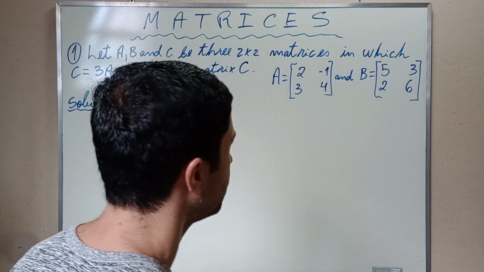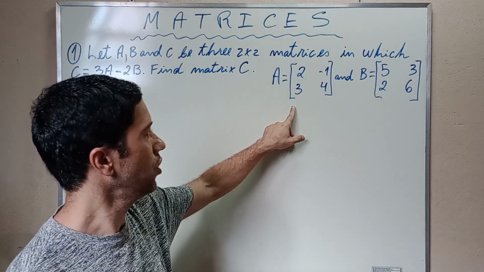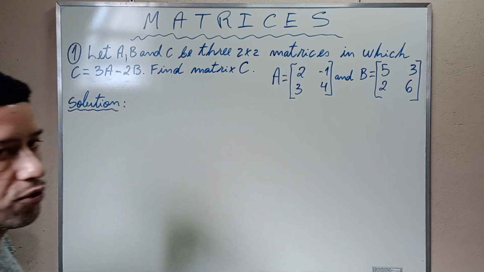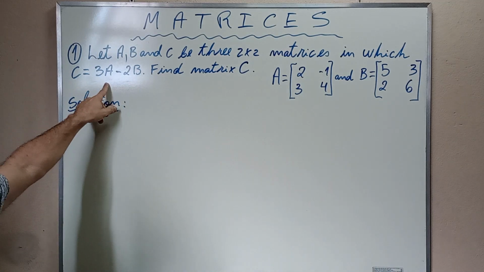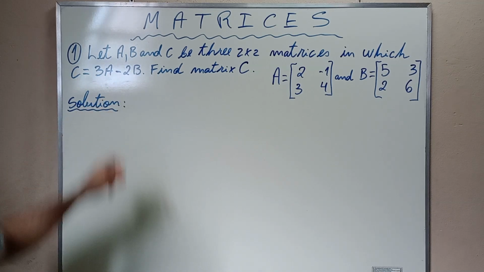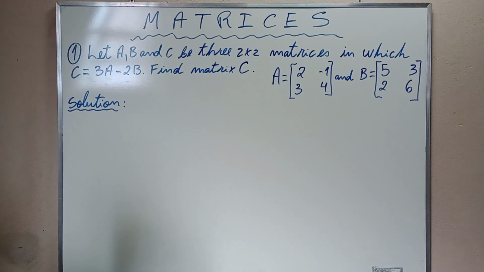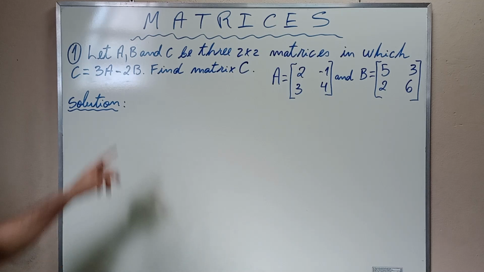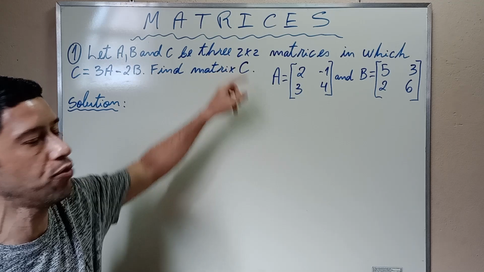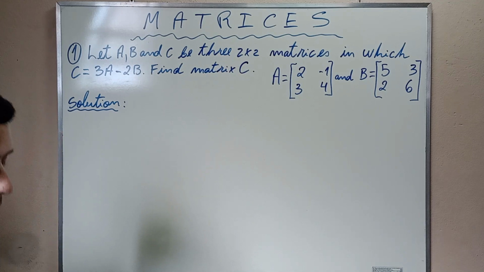The exercise provided us these 2 matrices A and B and said that the rule of formation of C is 3 times A minus 2 times B. Okay? And the exercise says that A, B, and C are 3 2x2 matrices.